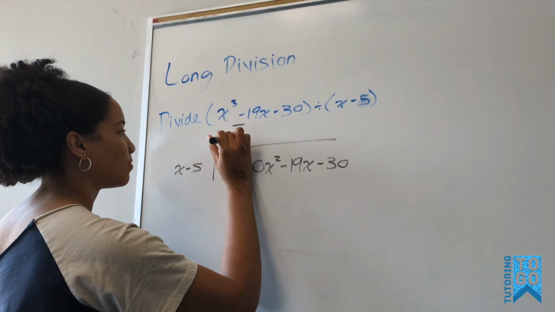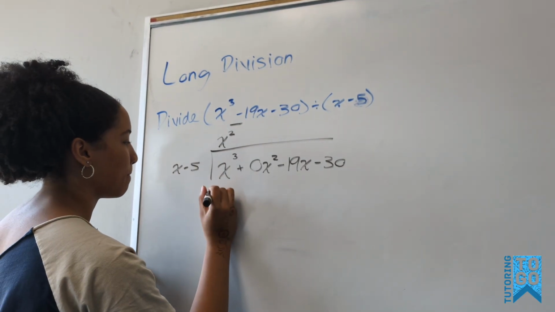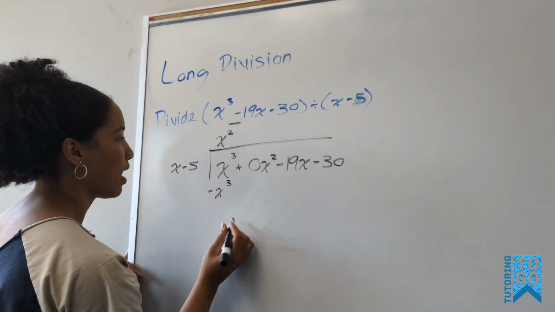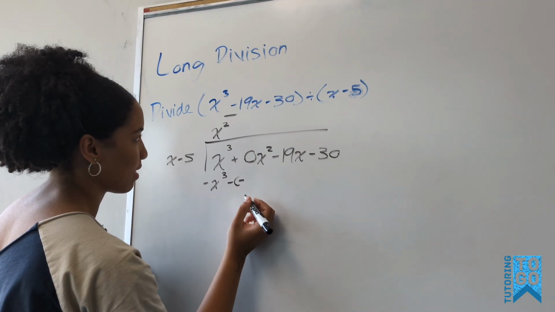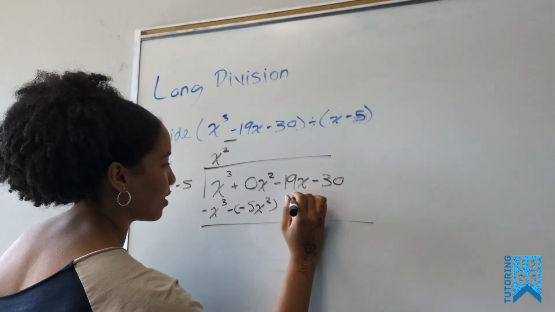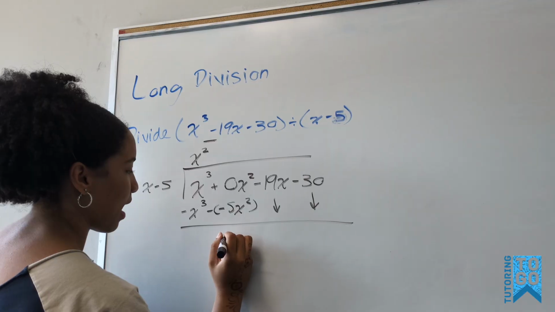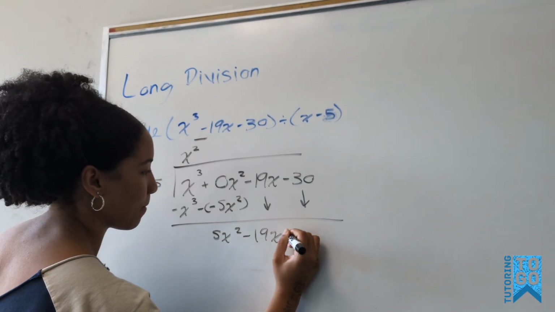So first we're going to multiply by x squared, and this is going to multiply by x to get minus x to the third. And then you're going to have a minus negative 5x squared, or just plus 5x squared. So then you're going to bring everything down, and now you're going to have 5x squared minus 19x minus 30.